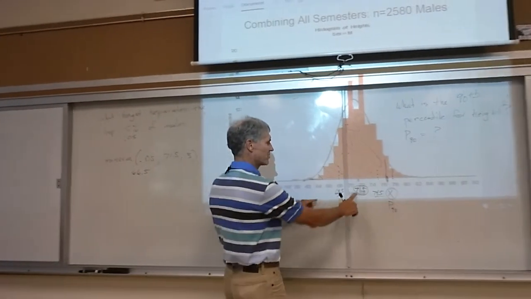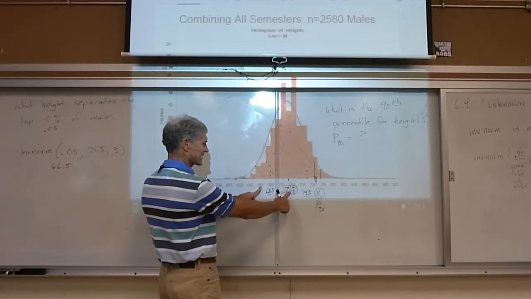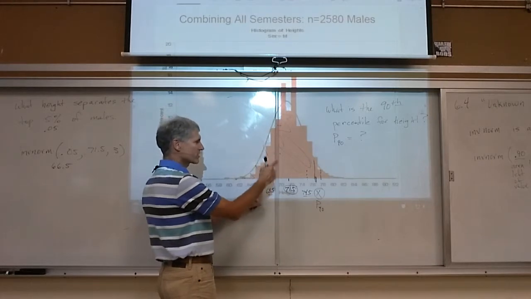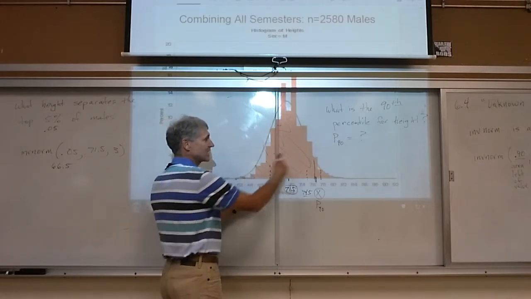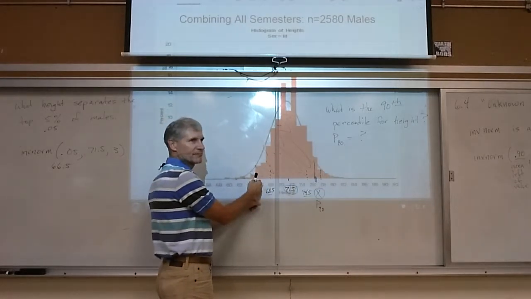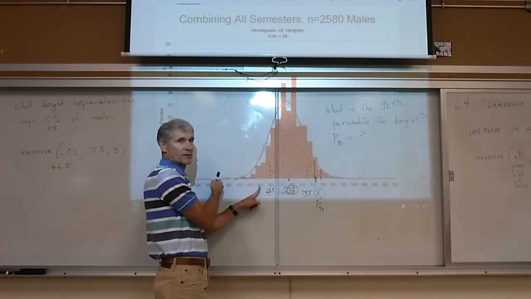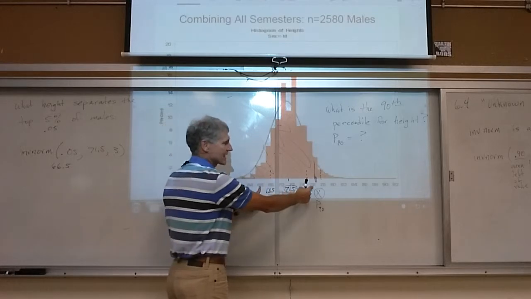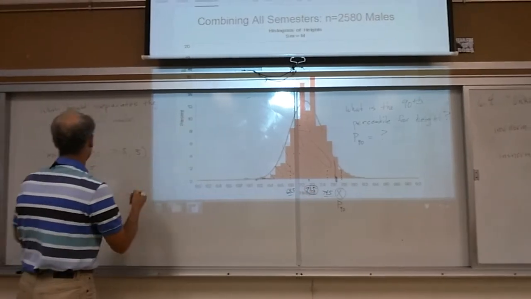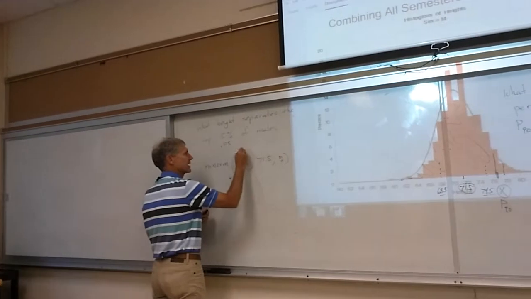Oh, wait a minute. The mean is at 71.5, so 66 is clear down here. There certainly aren't the top 5%, right? The bottom 5% is 66 or below. The top is 76 point something, and you get that by entering 0.95.